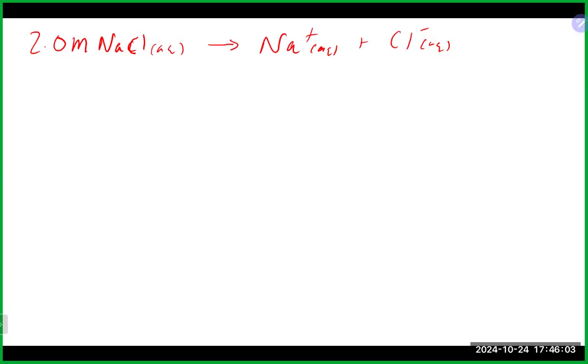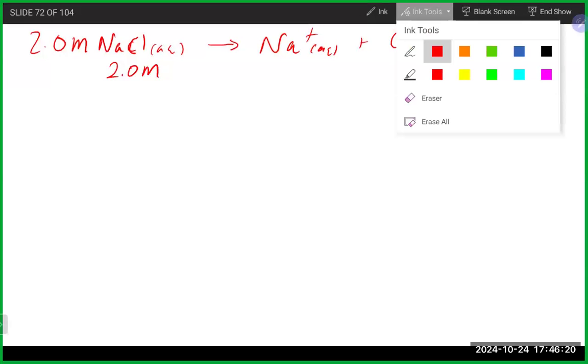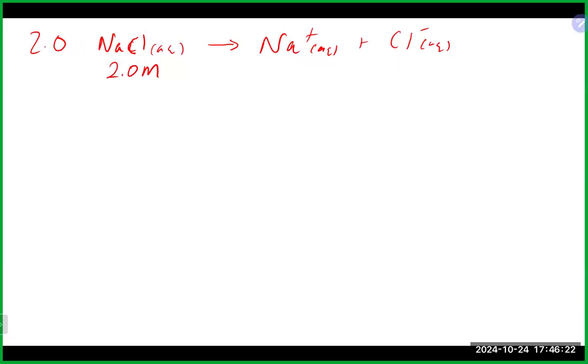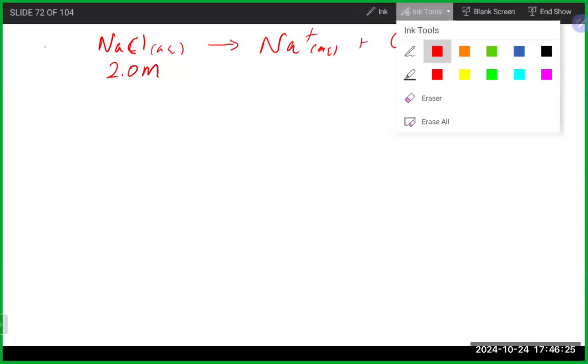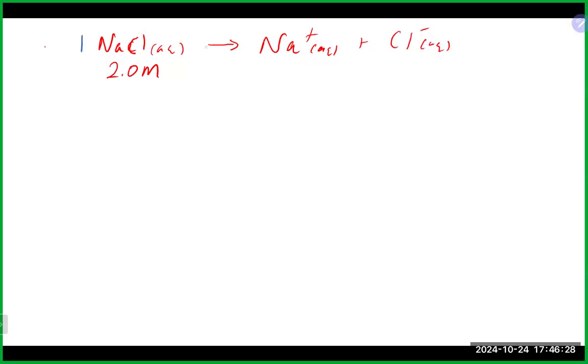So sometimes we are interested in maybe not the entire ionic compound in terms of the concentration, but maybe we're interested in just one of the ions or both of the ions. So the way molarity works pretty much is, if I know that the molarity of the whole thing here is 2 molar, when I look at this sodium chloride and see how it breaks apart, I could see that it breaks apart into a 1-to-1 relationship between the whole thing and the sodium ions, which means if I wanted the concentration of the sodium ions, it would actually be 1 times 2 molar, which would give us 2 molar for our sodium ions.